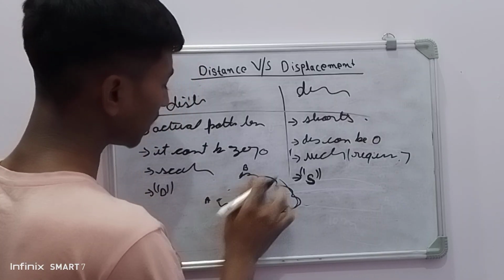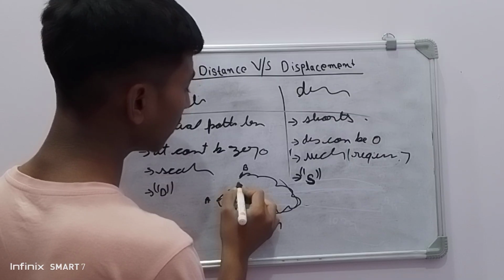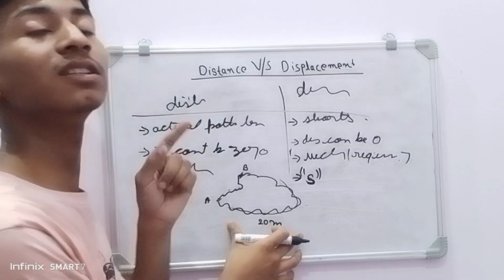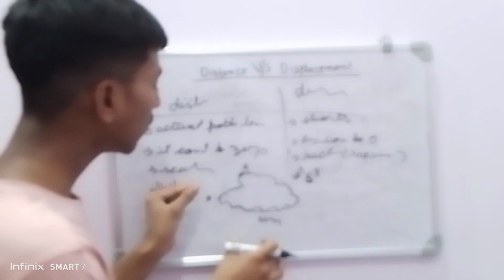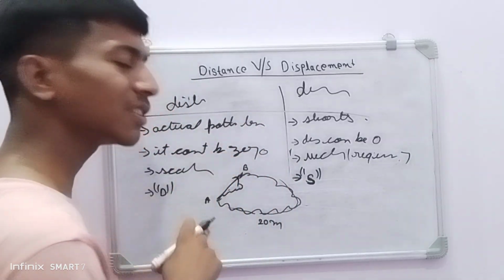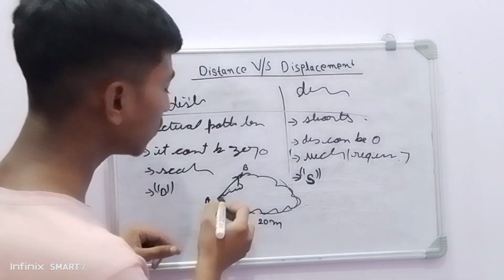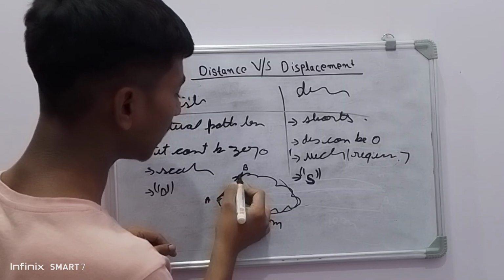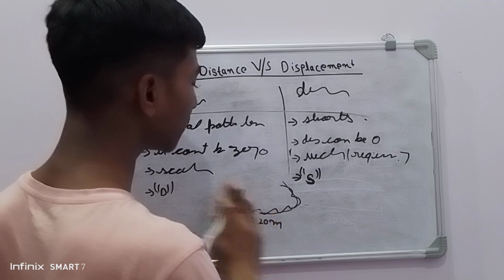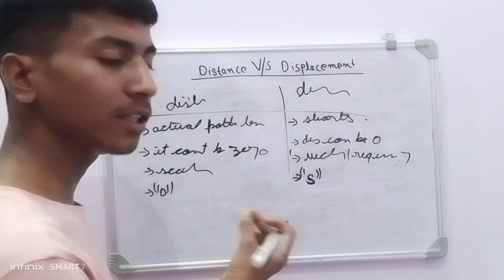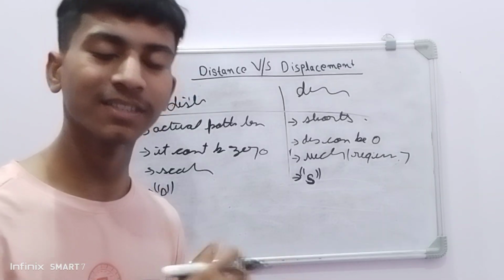If you join this AB like this, and say that this is also smaller than this, that will not be the correct answer, because if you join by the straight line, this will be the shortest distance between A and B, even though it looks larger as we make a tilt here. So this is why displacement is always found by joining point A to B, or the initial point to the final point, by a straight line.